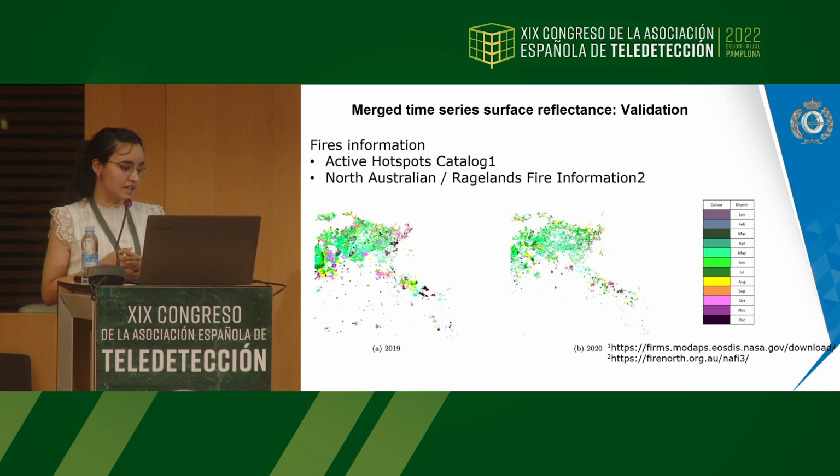The first one is the active hotspot catalog, and the second one is a fire mask provided by the firefighters. And here in the legend, each color corresponds to a month. So it means that we have the location of the fire, but in an interval of a month.